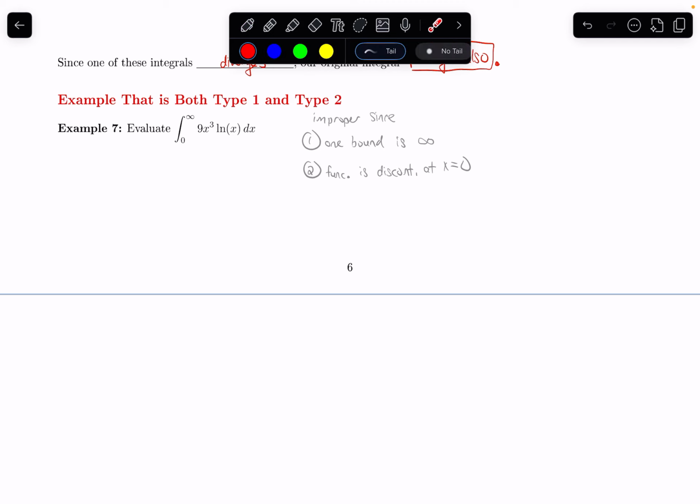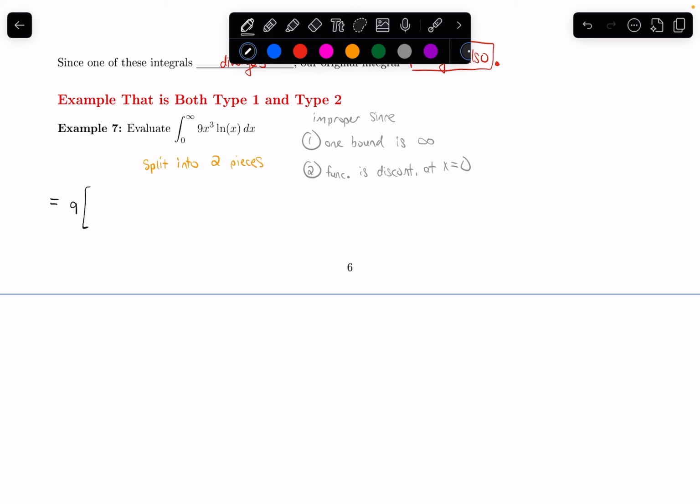When there's two reasons that the function is improper, like what's happening here, I can only deal with one of them at a time. So I am going to need to split this up into pieces. Let's split this into two pieces so I can handle each of those improper things one at a time. The 9 is just a constant multiplying the function, so let's pull that out to the front.